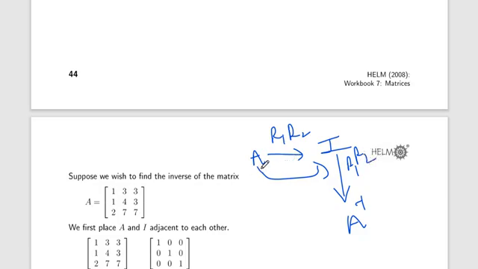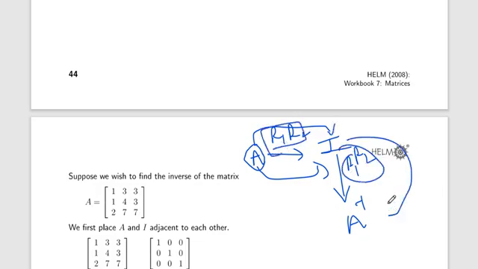In the example, we will transform this matrix A into the identity matrix, and apply the same operations to the identity matrix, so that once A becomes the identity, the identity matrix transforms into the inverse of the matrix. This is our answer.